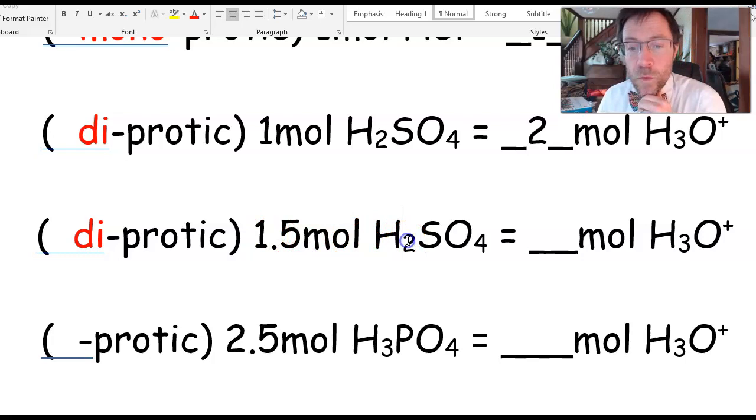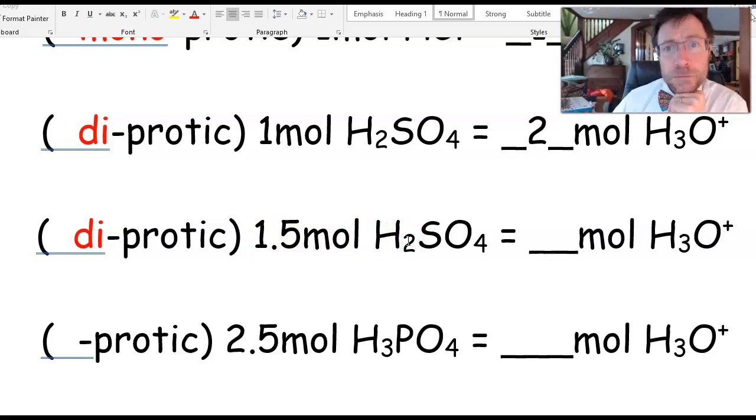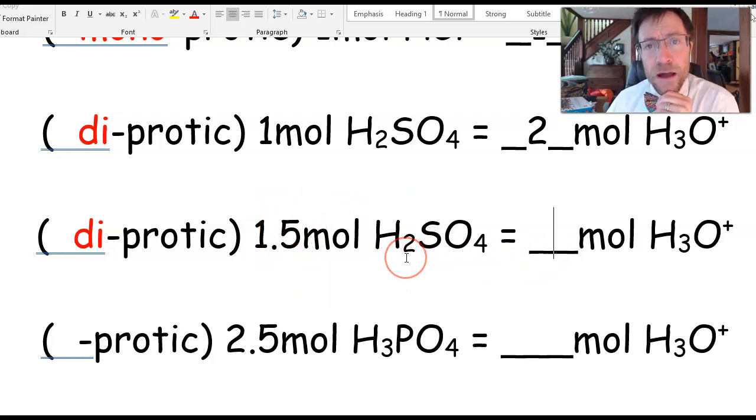Each mole will make 2 hydrogens. How many hydrogens do I have in all? Remember, I have 1.5 moles. Each one makes 2. How many in all? Well, you're right. You're going to take 1.5 and you're going to multiply it by 2. Right?